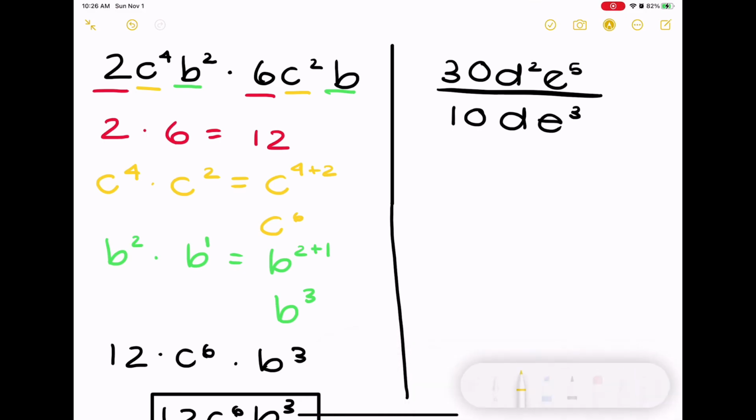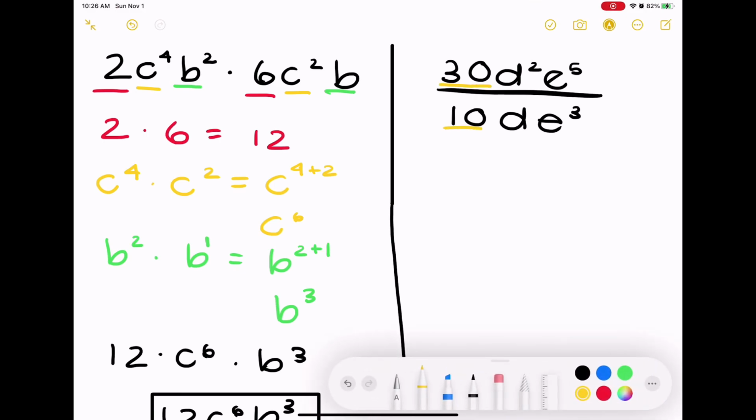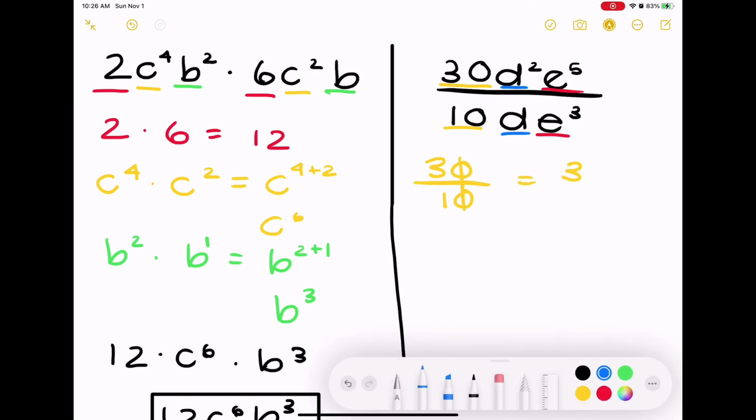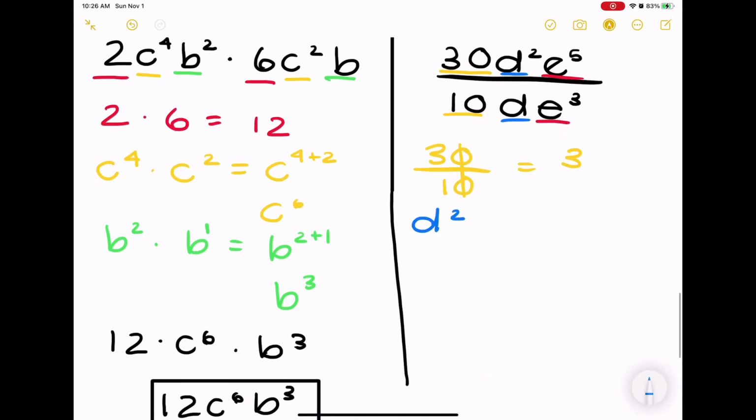So if we group this all together, we have 30 and 10, and then we have d squared and d, and e to the 5th divided by e cubed. So we'll go ahead and do 30 divided by 10, which is 3, and then d squared divided by d. And remember, when we're dividing, we subtract the exponents.